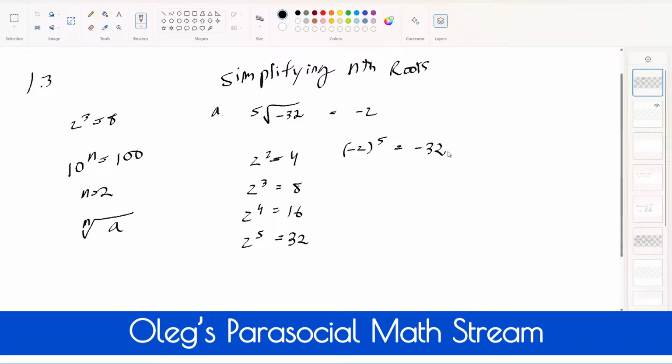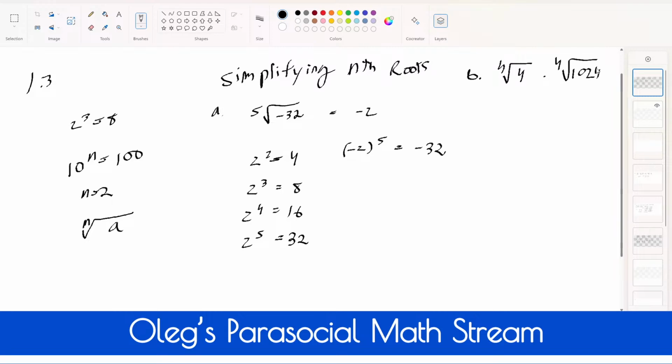All right, let's go to B. The fourth root of 4 to the fourth power times 4 to the 10/24th power.